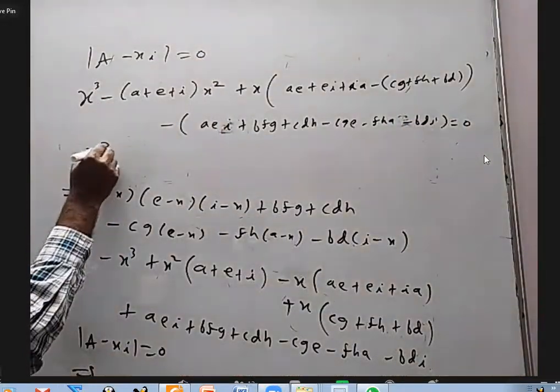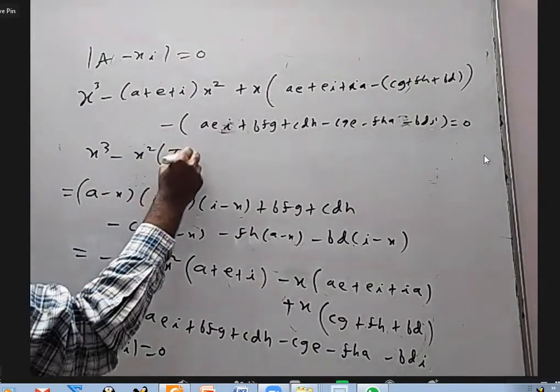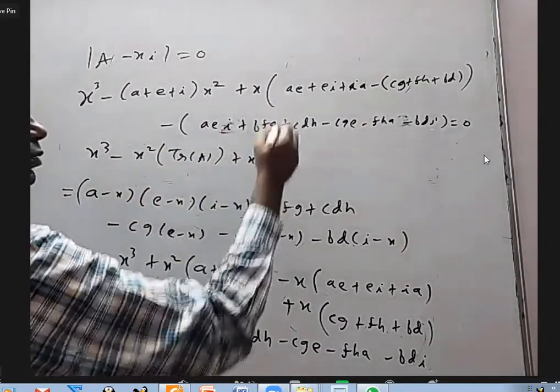It is basically X cube minus X square into trace of A, plus X into that same expression, minus det A equal to 0.